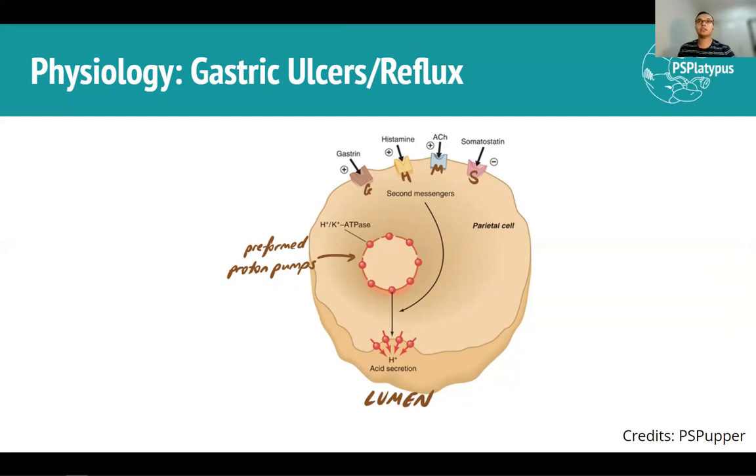And all of the stimulatory signals have the effect of causing preformed proton pumps to be pushed out onto the membrane surface on the luminal side. Those pumps can then push hydrogen ions into the stomach lumen and therefore increase the acidity. Now, you might be wondering, where are the chloride ions coming from?